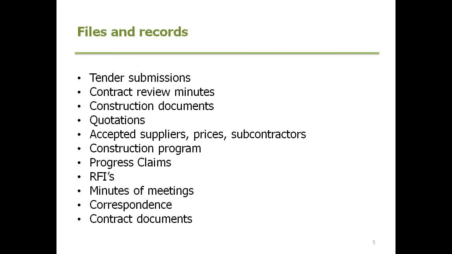It's important to keep these in logical file sequence, whether in hard copy files stored on shelves, or on a drive on the computer. They should be kept separate and filed in a very rigid file structure, so you can come back and find them straight away.